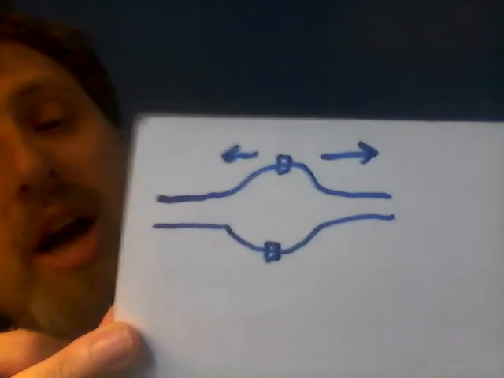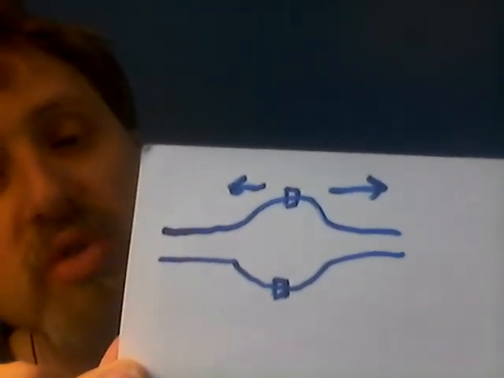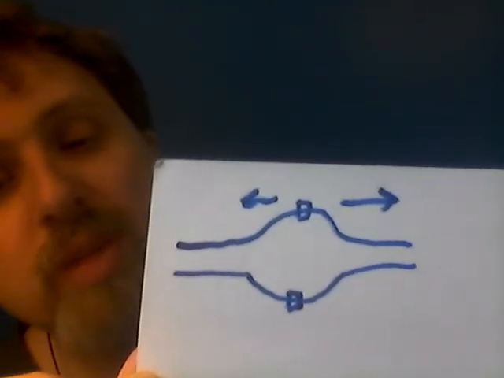You see the boxy spot there, that's the origin of replication, and we're unzipping in both directions at the same time, working towards both ends of the DNA at once. That's what it looks like for a prokaryote. For you, it's going to look more like this. Bear with me a moment.